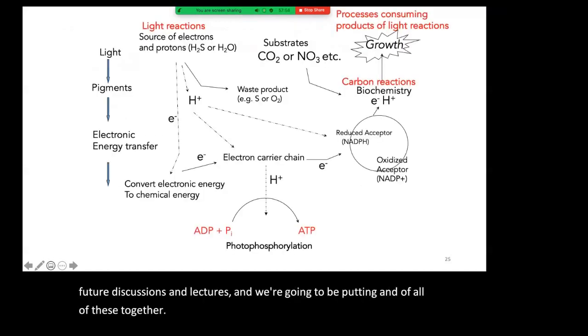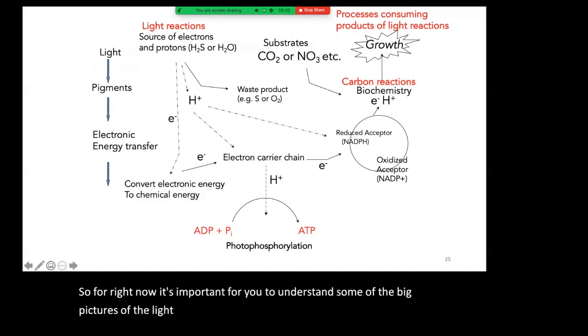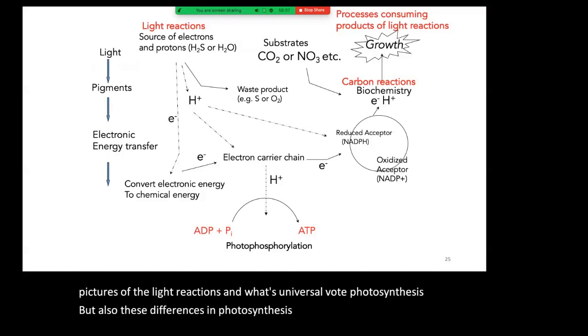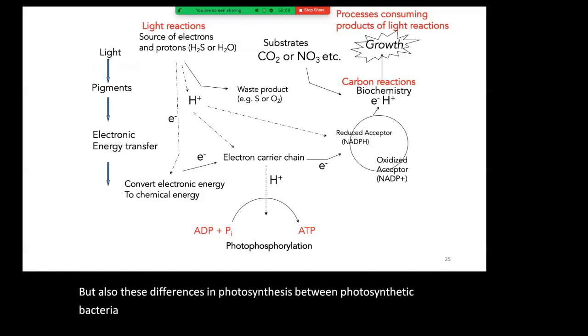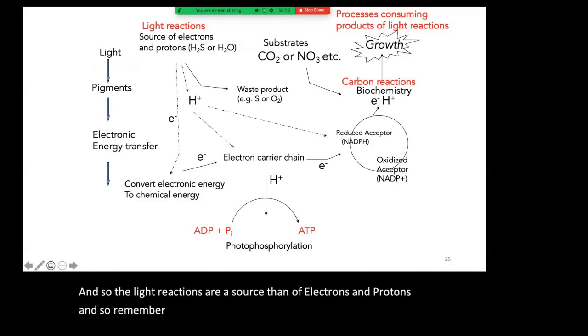So for right now, it's important for you to understand some of the big pictures of the light reactions and what's universal about photosynthesis, but also these differences in photosynthesis between photosynthetic bacteria and photosynthesis within the land plants and the higher plants. And so the light reactions are a source of electrons and protons. And so remember, I gave you some examples of using either hydrogen sulfide or water, okay?